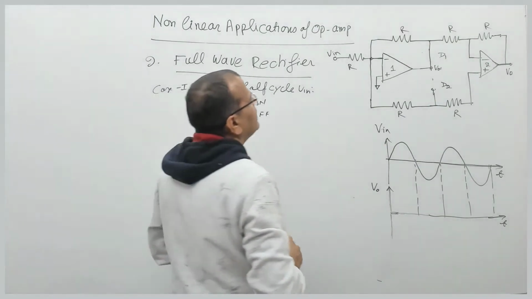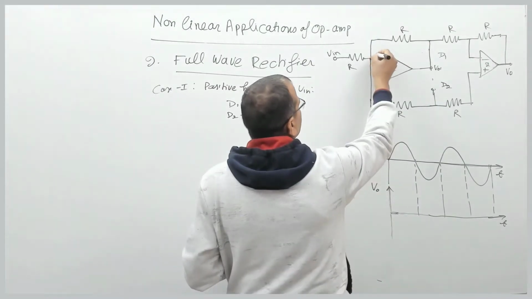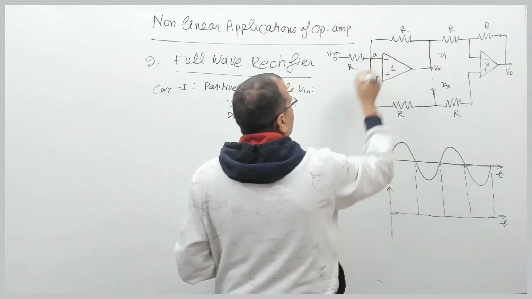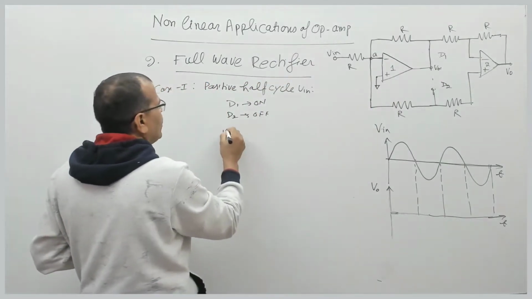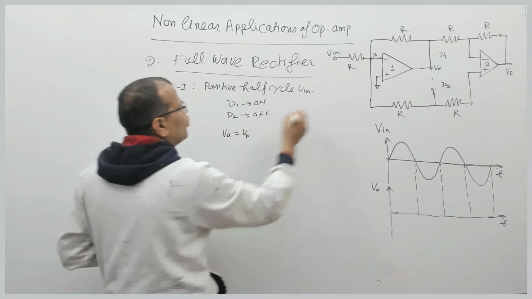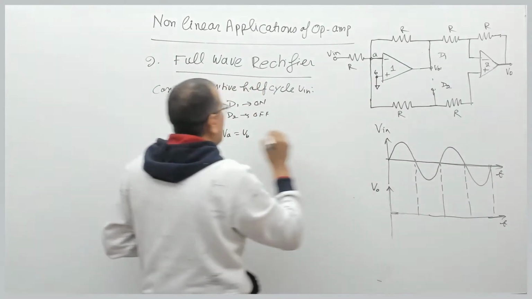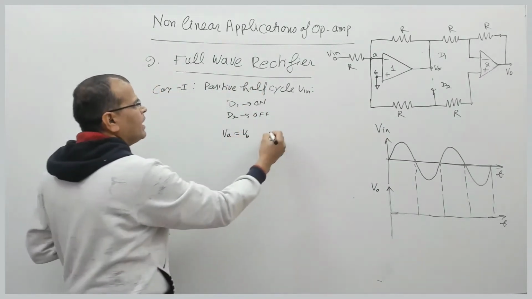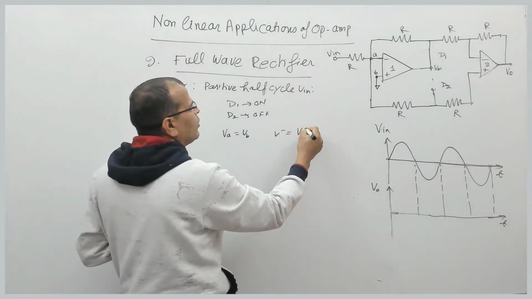Now let us see this circuit carefully. Say this is node A and this is node B. For an ideal op-amp, the voltage at the inverting terminal is the same as the voltage at the non-inverting terminal.